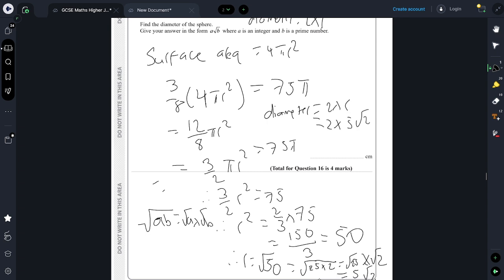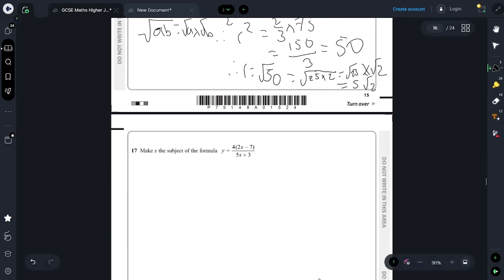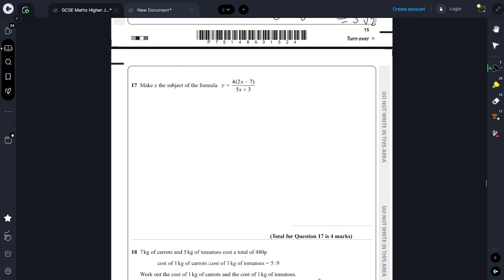So 2 times 5 is 10. Lots of root 2, isn't it? So that is going to be the answer. And look, it's in this form here, a root b, where a is 10 and b is 2. It says b is a prime number as well. Well, 2 is a prime number, so that probably is going to be right. Okay, I believe in myself there.